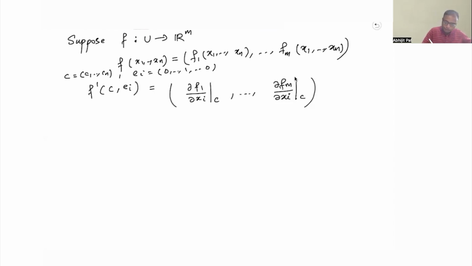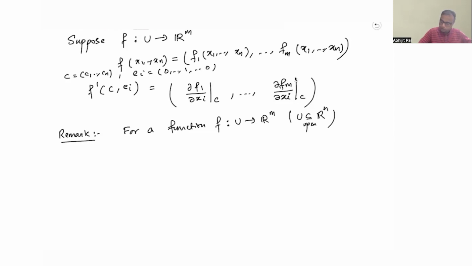Remark: for a function f from U to R^m, where U is an open set in R^n, the directional derivatives of this function may exist, but the function may not be continuous.